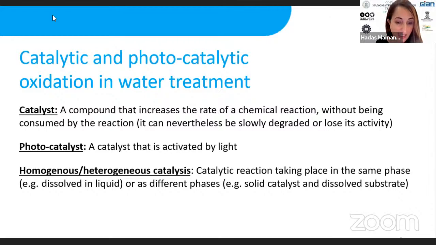So it only catalyzes the process. Therefore, photocatalysts are materials that can change the rate of the chemical reaction when they're exposed to light. So this is what we want to have from photocatalysis. The photocatalysis induces a reaction by using light and a semiconductor.